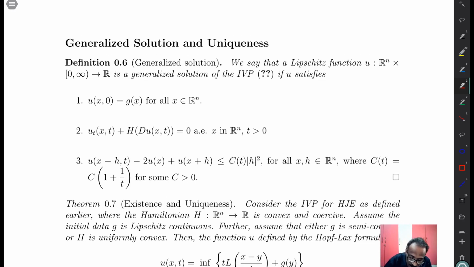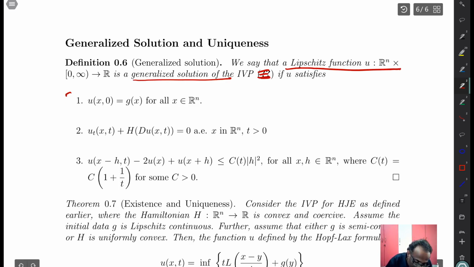Let me note the initial value problem here. We say that a Lipschitz continuous function u is a generalized solution, so read it carefully. These are the standard conditions. Because it's Lipschitz continuous, it is differentiable almost everywhere. You want these two satisfied, which we have already proved.